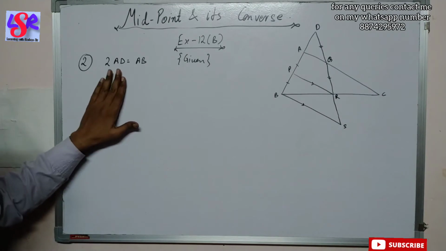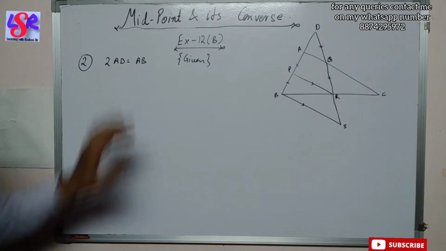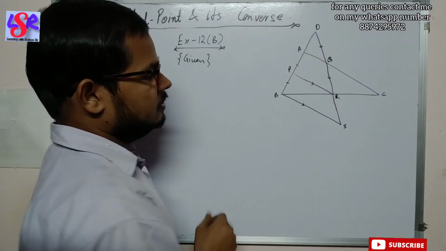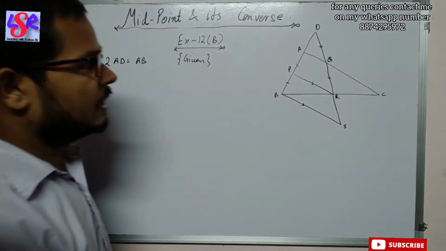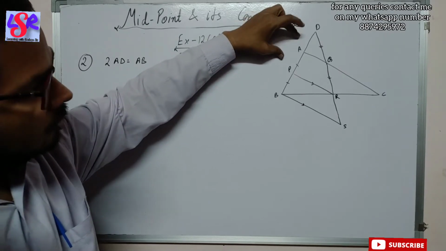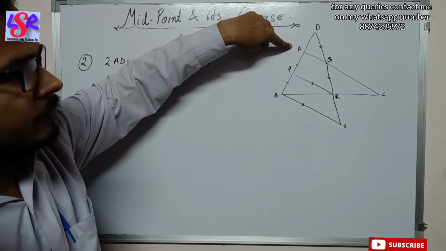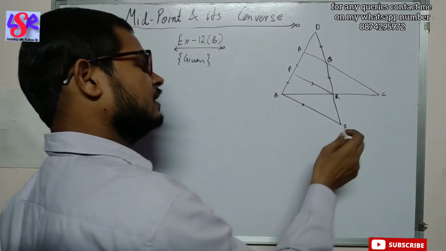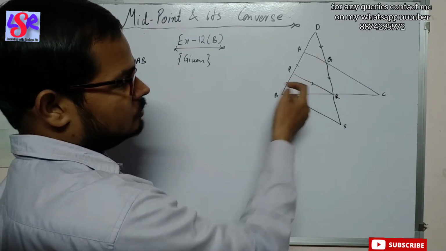For that, we have been given twice of AD equals AB, so we can write AD equals 1 upon 2 AB, and P is the midpoint of AB, so we can write AP as half of AB. As AD and AP are both half of AB, we get AP equals AD, and A becomes the midpoint of PD, and Q is the midpoint of DR.